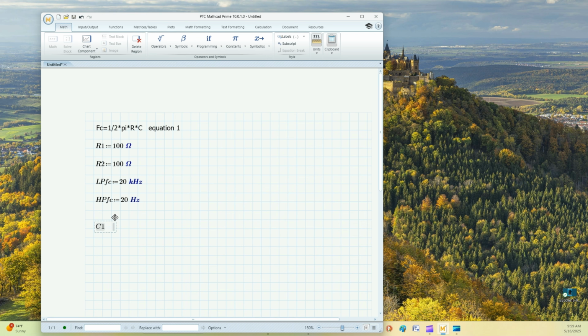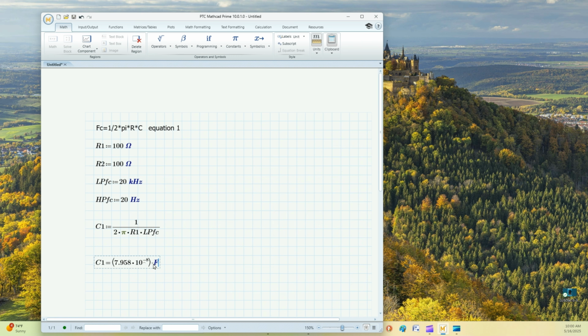C1 shift colon equals 1 divided by 2 times pi times R1 times LPFC. Come down to here. We'll say C1 equals, and there it is.